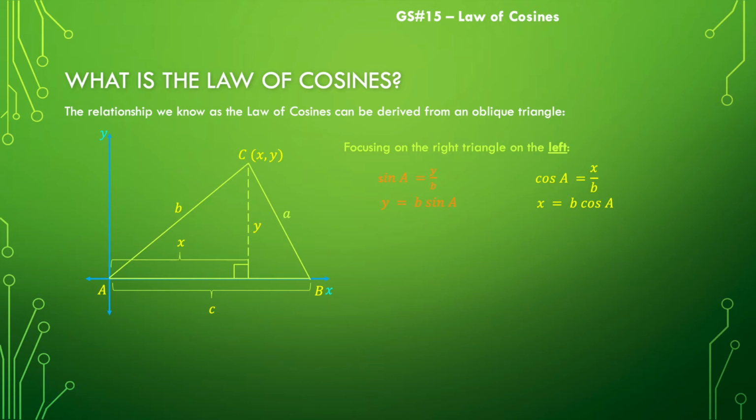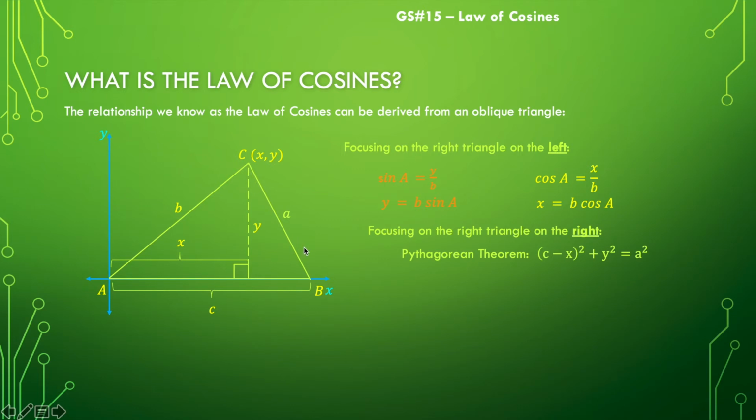We say a squared plus b squared equals c squared when c is our hypotenuse. And in this case, a is our hypotenuse. So we're going to look at y squared plus this side length squared will equal a squared. Okay, so now what is that side length? That is going to be the difference between c and x. So that looks like this: c minus x, squared, plus y squared is equal to a squared.